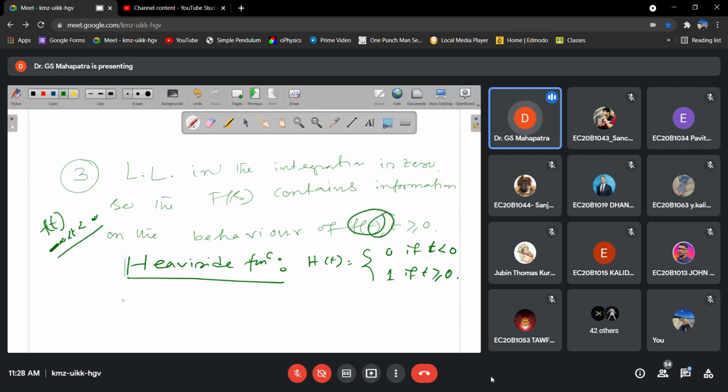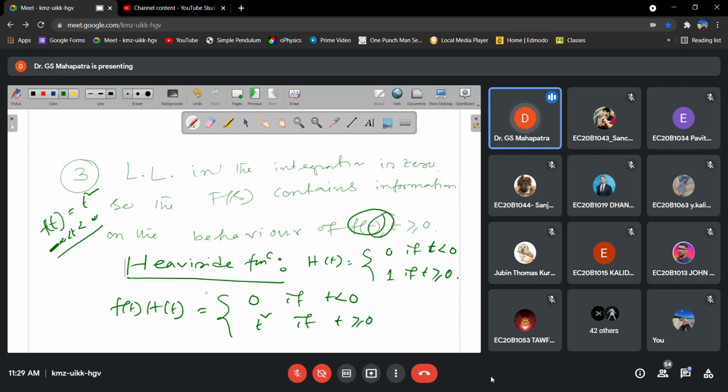Then you can't apply the Laplace transform directly. So what you can do is f of t times h of t. Whatever f of t may be, if it is t square, then multiplying gives 0 if t is less than 0, and t square if t is greater than or equal to 0. Correct. So this is the case.